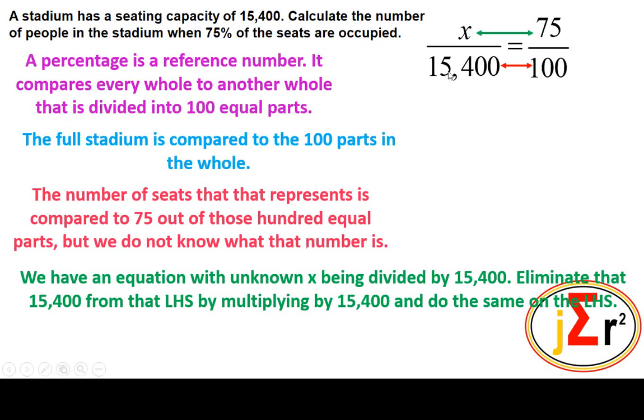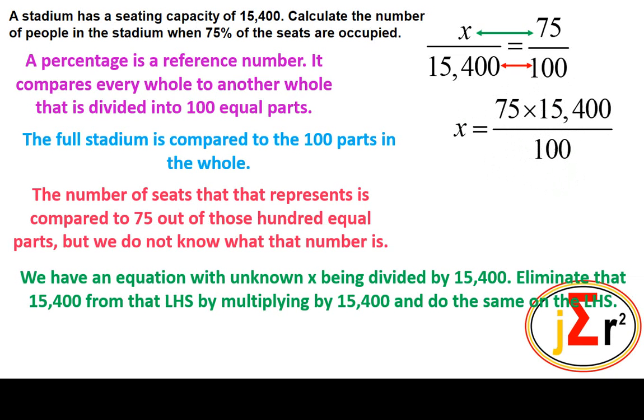Since we are dividing, we will do the opposite of division, which is multiplication, and we will multiply the left-hand side, which contains this fraction, by 15,400. But we know that we cannot do that to one side of an equation and be correct. We have to balance the equation by multiplying the right-hand side by 15,400 also.